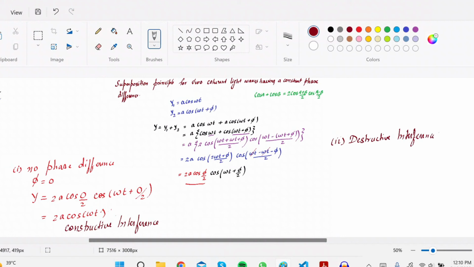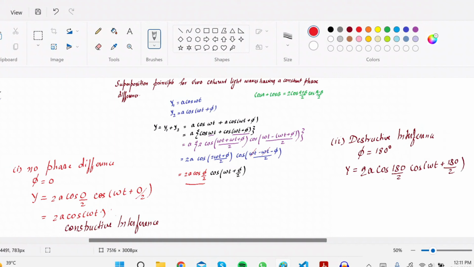A crest is falling on the trough, or the trough is falling on the crest, or in terms of phase difference, phi is pi or 180 degrees. So if I put 180 degrees in our resultant equation, y will be equal to 2a cos (180 over 2) cos (omega t plus 180 over 2). Now what is 180 over 2? 90 degrees.